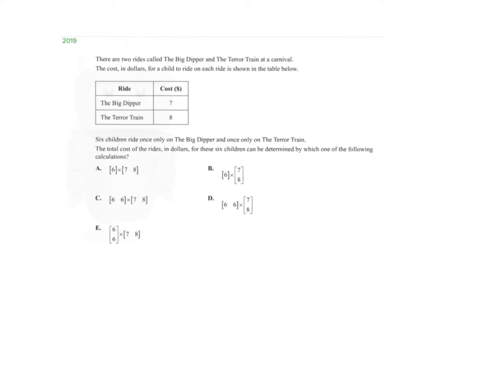So here, they want a total cost for the rides in dollars. So if you just want one total cost, what type of matrix would that be? 1 by 1. Yeah, good. So you want a 1 by 1 because you want a 1 value answer. Because it's the total cost. Well, with that, you can already figure it out.